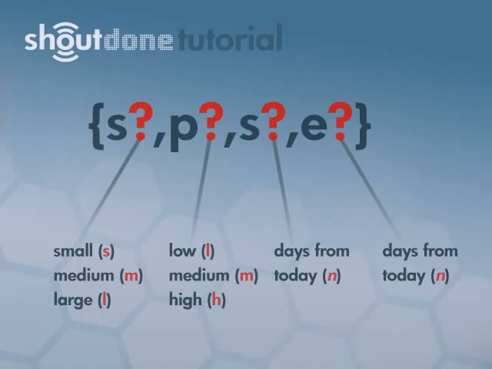So a start date of today is S0, and then followed by a comma, and finally E is, you've guessed it, end date. So it would be E, and again a number, the number of days from today by which you want the task to be completed. So if you want the task completing inside a week, then you would just have E7. And then you just frame all of those variables with those curly brackets, as you can see, and you're set.